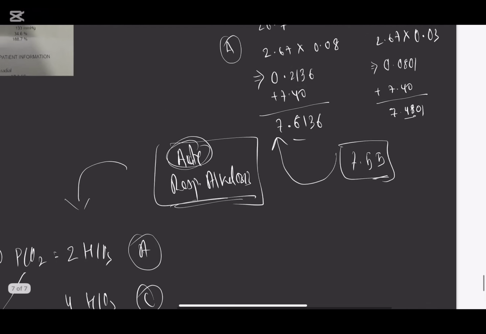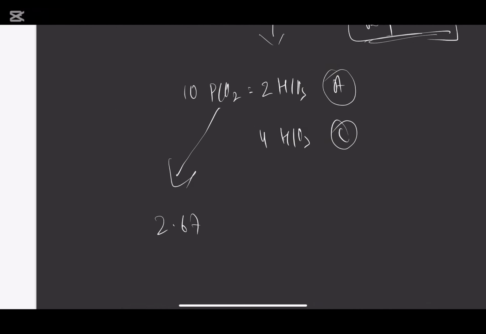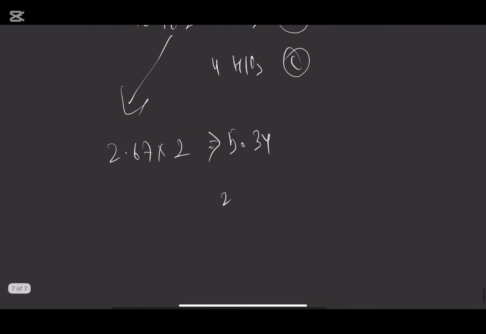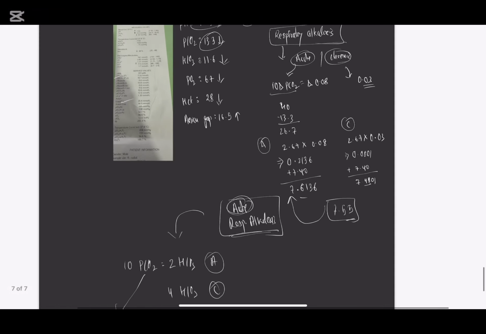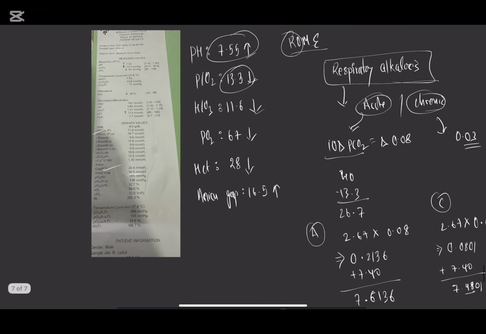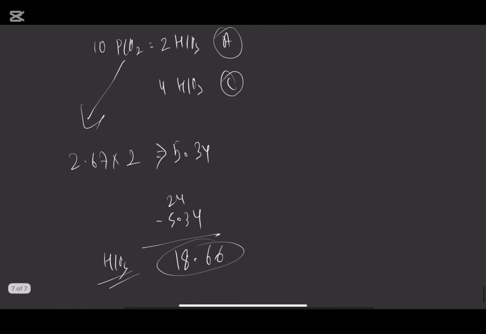We have 2.67 into 2, it is 5.34. 24 minus 5.34 is 18.66. The bicarb should be 18.66. We got a bicarb of only 11.6.